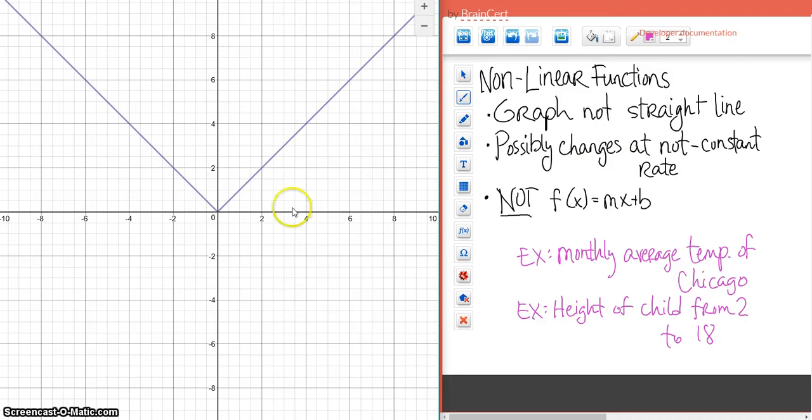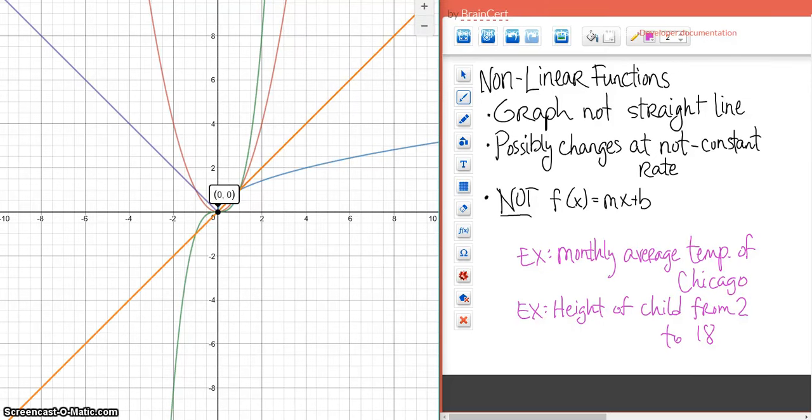It's still 2 straight lines, but it's not 1, and therefore it's not a constant rate of change because right here our rate of change takes a sharp change to a sharp difference. And that's just 4 separate examples of non-linear functions, not a straight line.